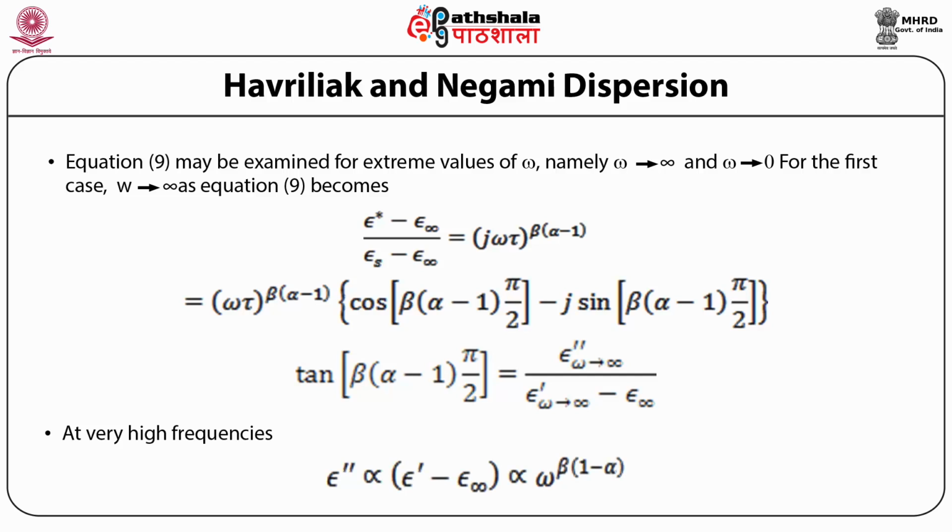At very high frequencies, epsilon double prime is proportional to epsilon prime minus epsilon infinity, which is proportional to omega to the power beta into (1 minus alpha).